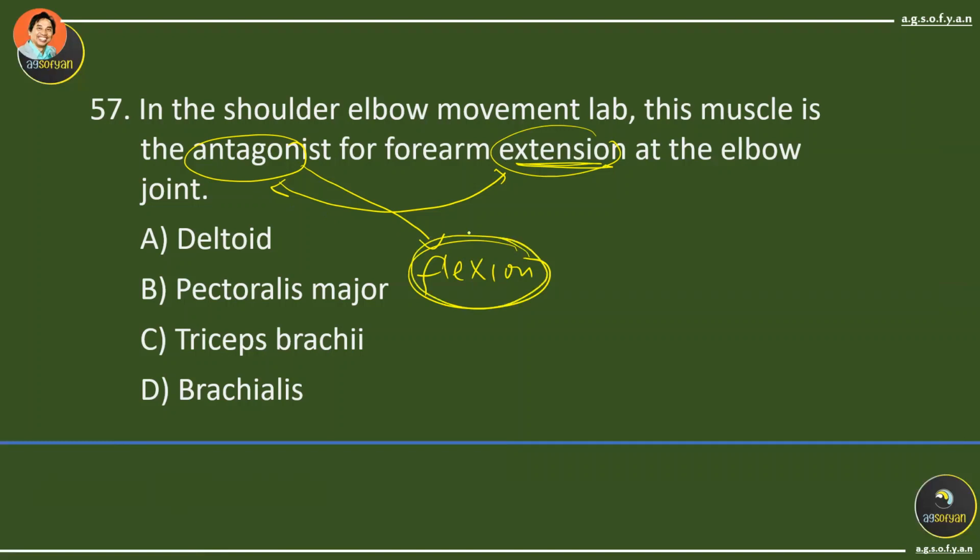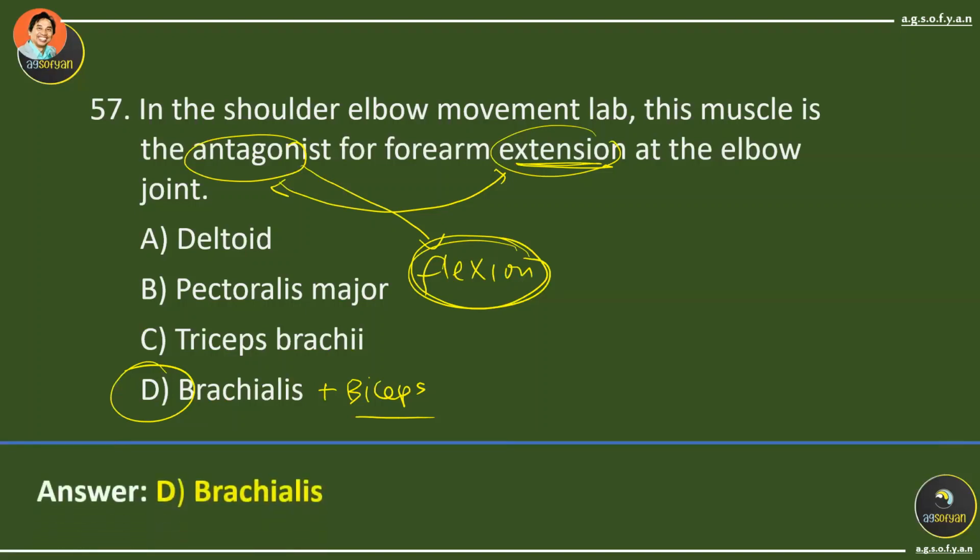So which one is going to be? It should be easy because we already have the answer before, which is the brachialis, or if you have bicep in the choices, then you also choose the biceps. So brachialis.